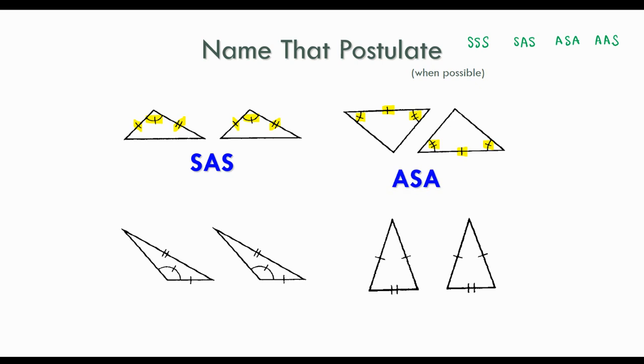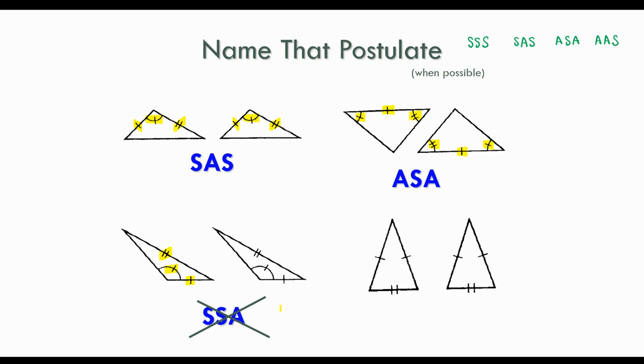If I look at the bottom left, notice that we've got a side, then another side right next to it, and then an angle. Notice that that angle is not in between the 2 sides, okay? So that spells out ass backwards. We can't have that. That is not a way of proving congruent triangles.